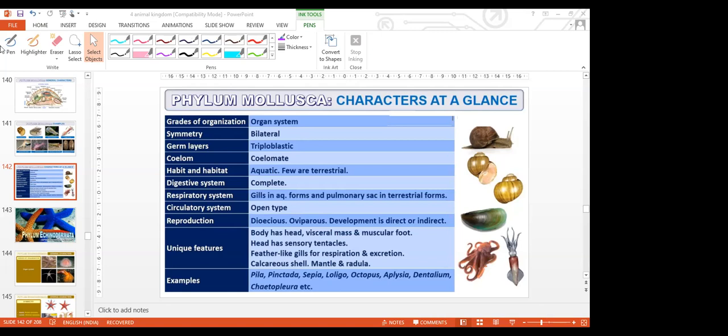Reproduction is dioecious, oviparous, and the development may be direct or indirect. The unique features are the body has a head, visceral mass, and muscular foot. The head has sensory tentacles, feather-like gills for respiration and excretion, a calcareous shell, mantle, and radula. Examples: Aplysia, Pinctada, Sepia, Loligo, Octopus.